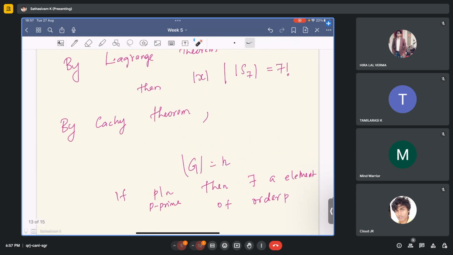Okay, so what are the primes that divide 7 factorial? 1 is not a prime, but I'll write it anyway, 1 is also there. The identity element has order 1. So 2, 3, 5, and 7. So there are elements of these orders. That just comes by Cauchy theorem.